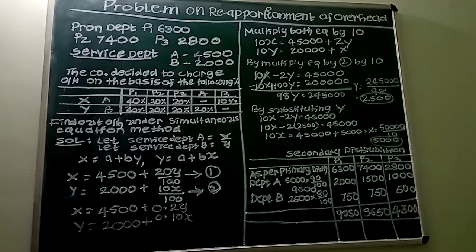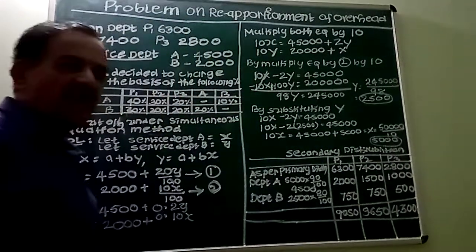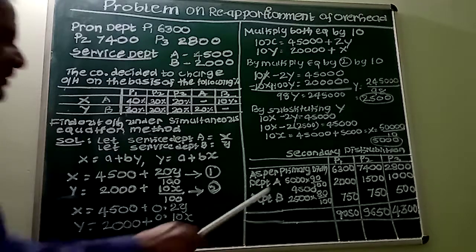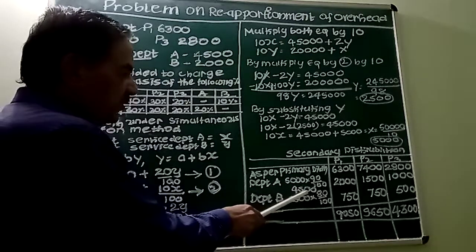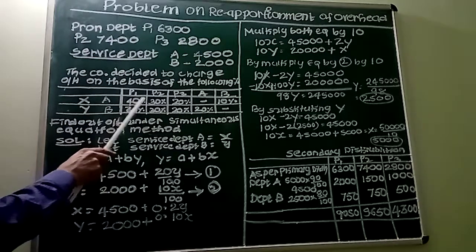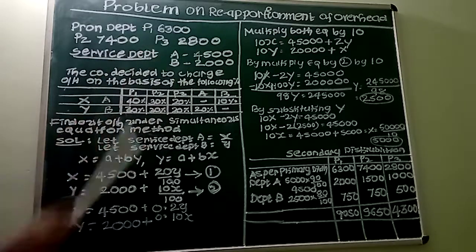Again I repeat, see what is the X in this particular problem. X is department A, which we have denoted as 5,000 rupees. You take only 90% of 5,000, which is only 4,500. Distribute it in the ratio of 40 is to 30 is to 20.